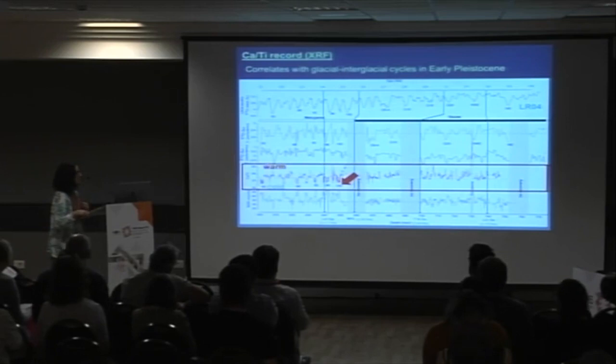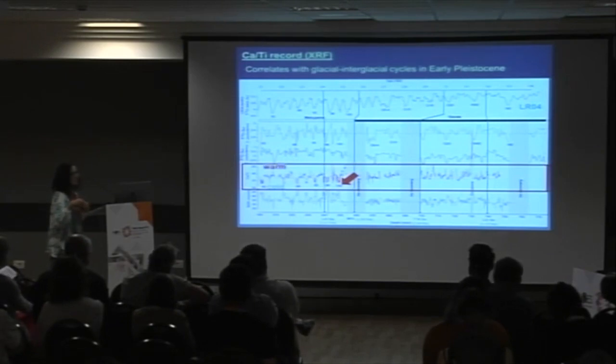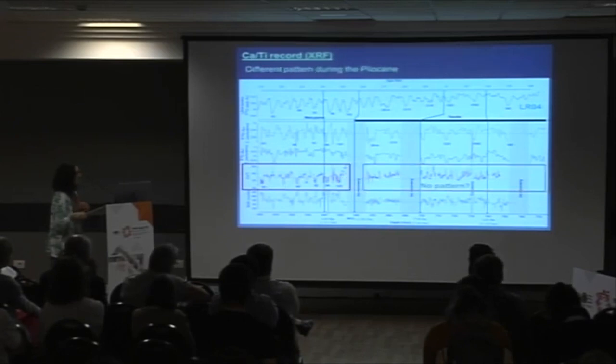And in this record, we can clearly see that during the early Pleistocene, we have variations between glacials and interglacials, very well correlated with the delta 18. However, during the Pliocene, the pattern is not very clear, is not correlated with the delta 18, and it looks like there is higher variability. So far I don't know how to explain this very well, but there is clearly a different pattern.